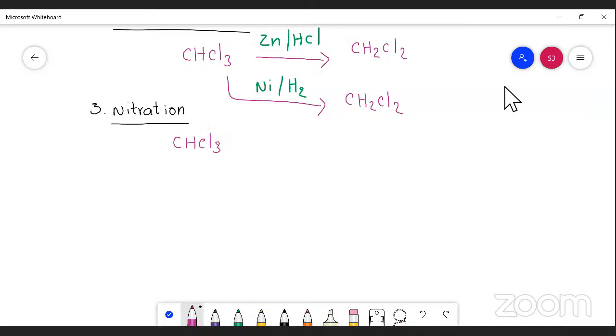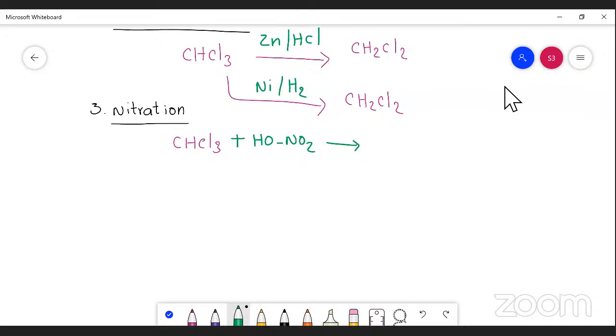For the nitration process, we are taking nitric acid, HNO3.